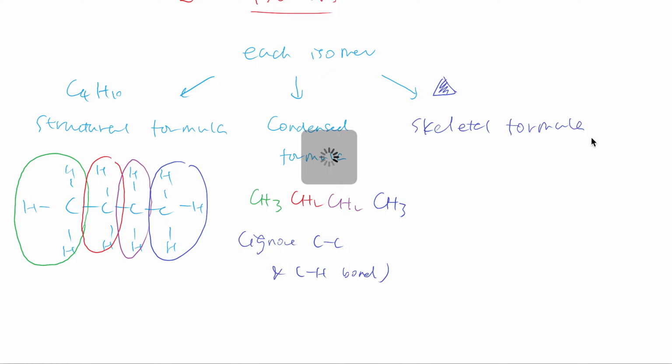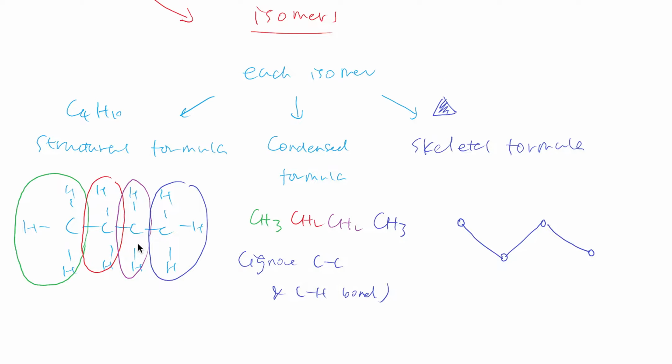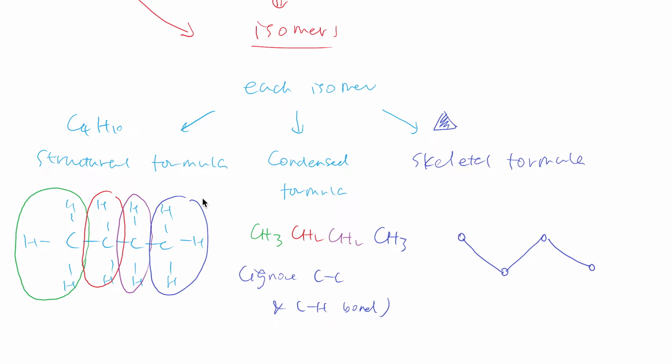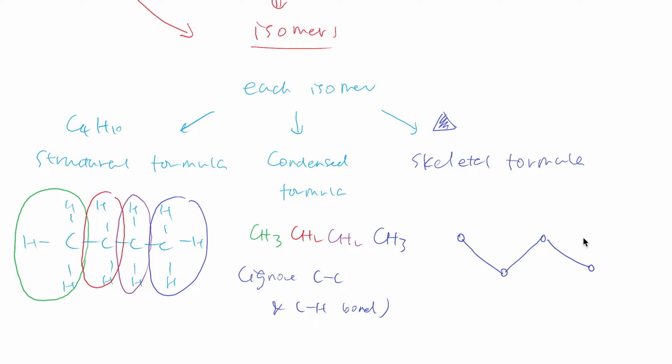You don't ignore the bonds, but you ignore all the hydrogens. So it will just look like that. Those three represent the same isomer. And each line here represents a covalent bond, a carbon-carbon single covalent bond.